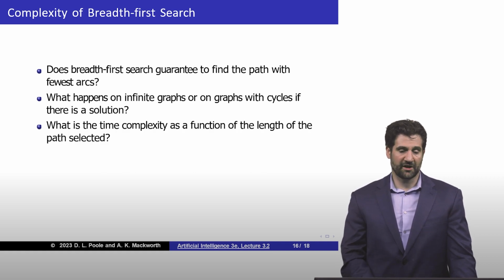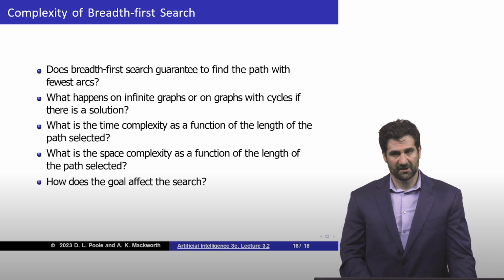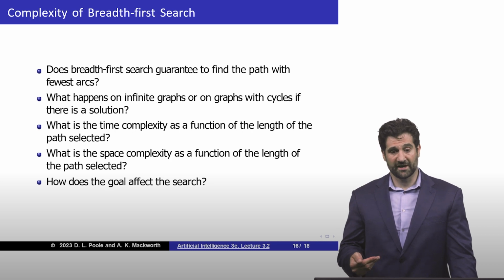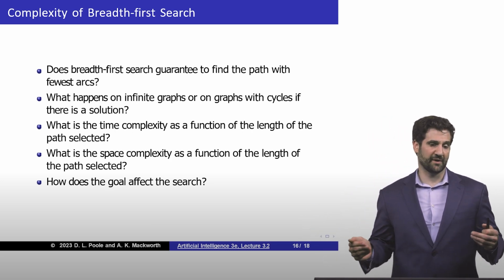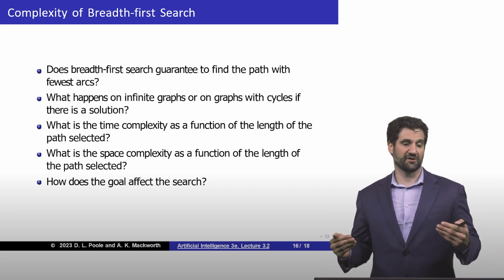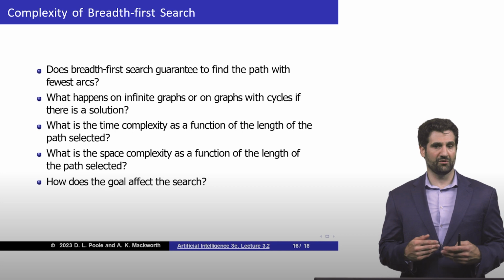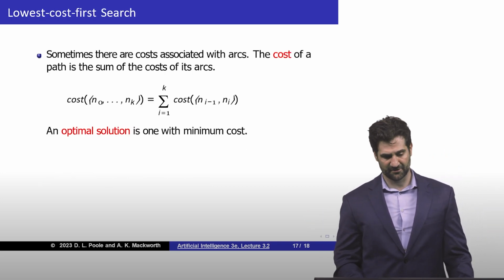And so time complexity and space complexity will both be exponential. And how does the goal affect the search? Well, if the goal isn't as deep and you don't have to expand too much to get there, you're going to find it right away. But the deeper the goal, that expense mounts and mounts because it'll be exponential.